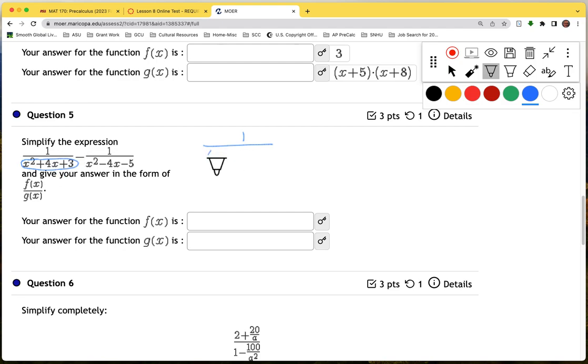So this one will factor into x and x. 3 is 1 times 3. We have this plus, which means they're the same sign. This plus means they're both positive. If it was negative, they'd both be negative.